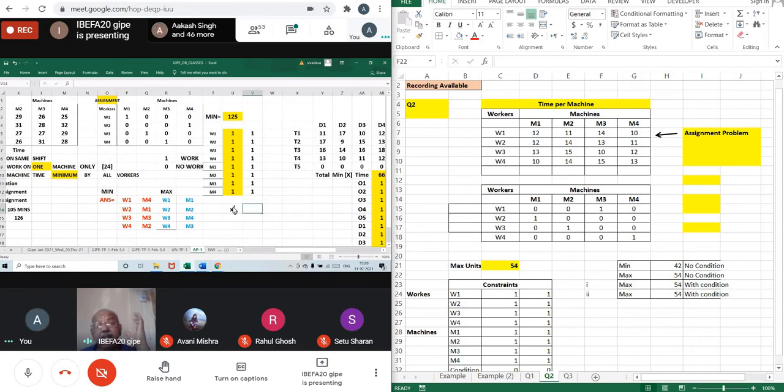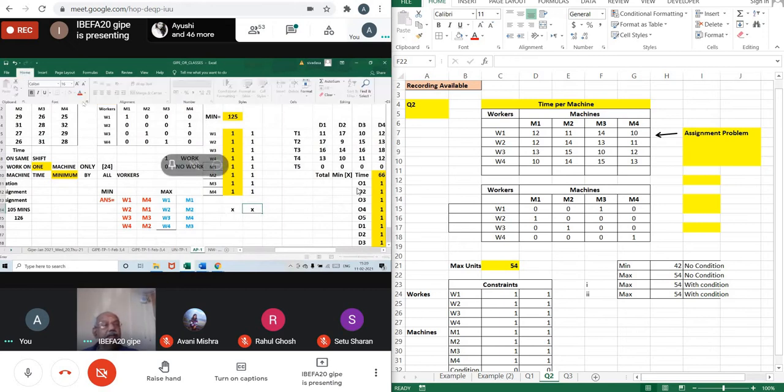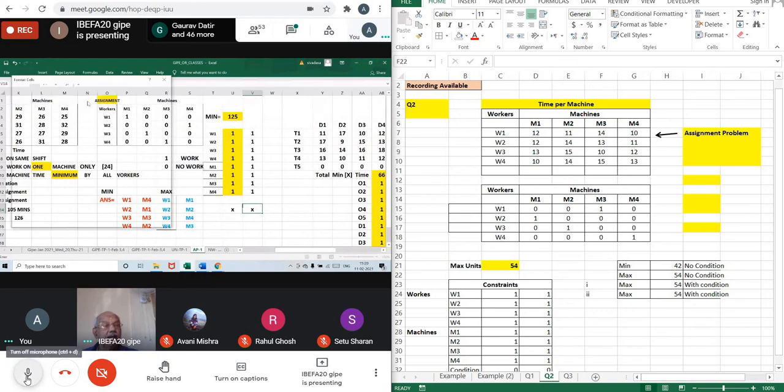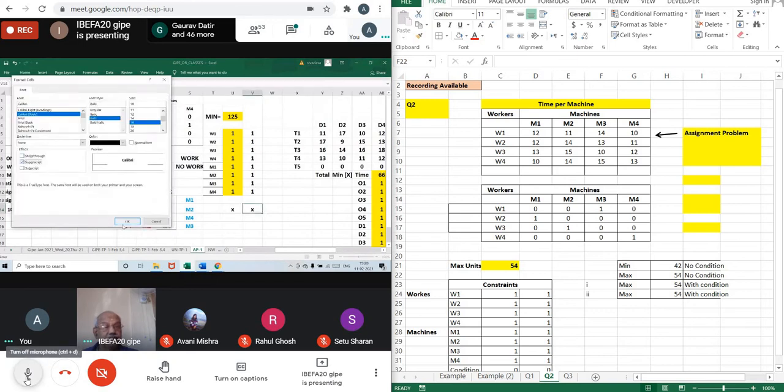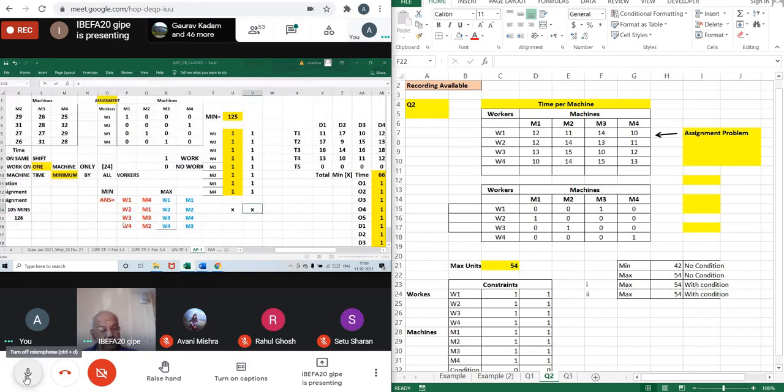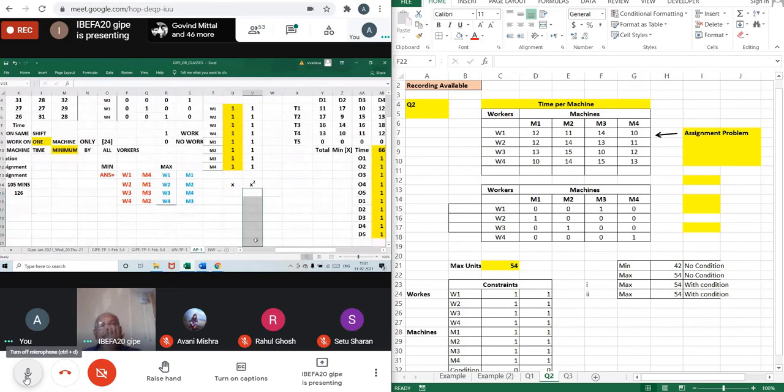It's a formula, so I will give x here and x square here. So the x value and the x square value.